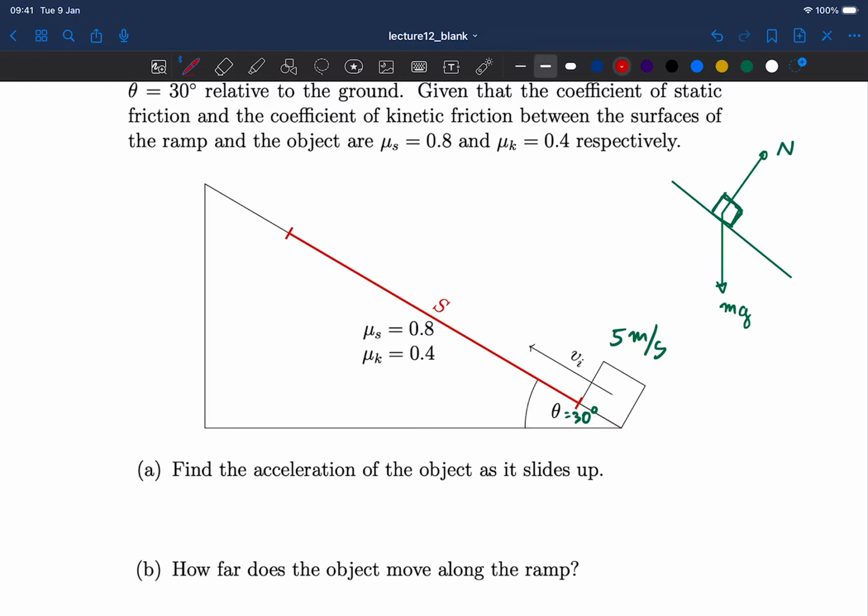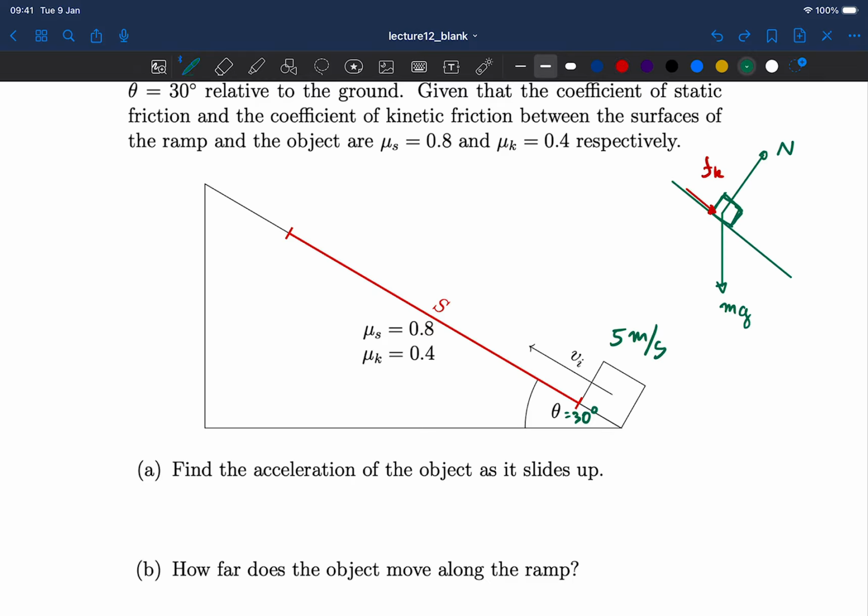And it's sliding up. So we know that the friction that we are interested in is the kinetic one. So Fk. So it's sliding up. That means Fk will be opposing the motion by pointing down.